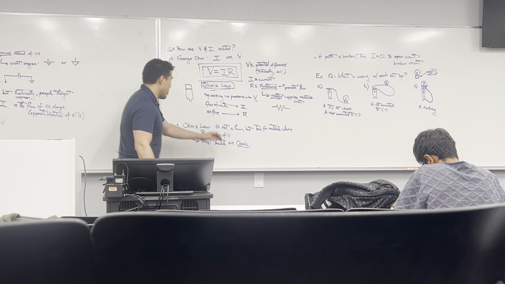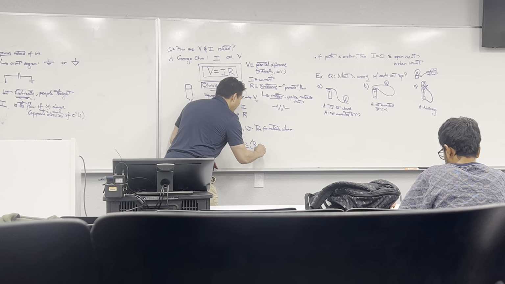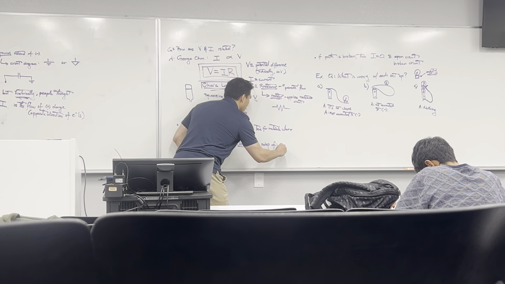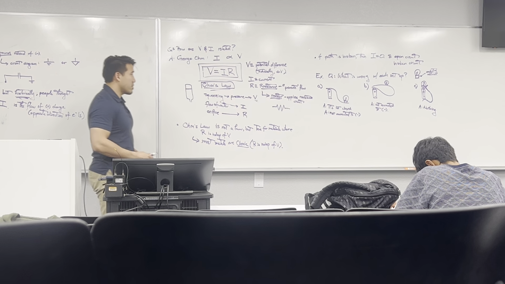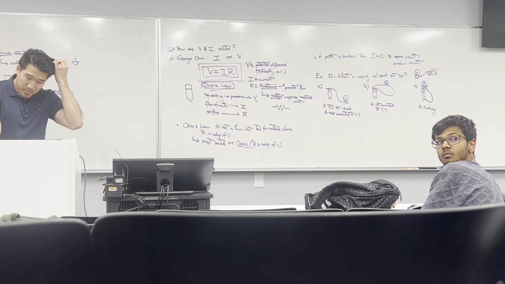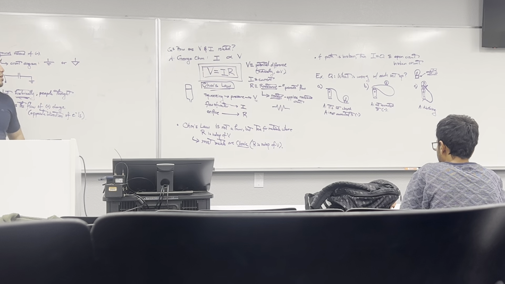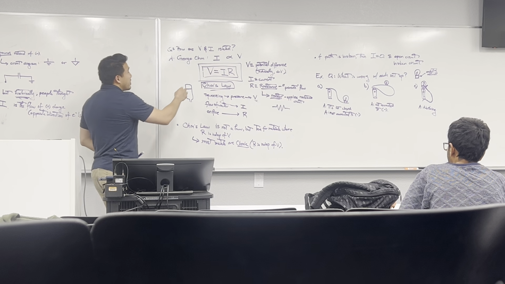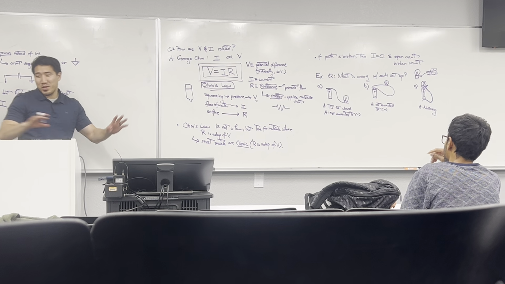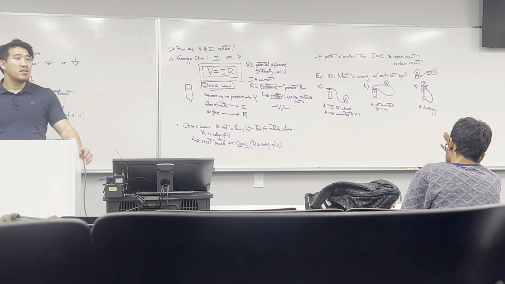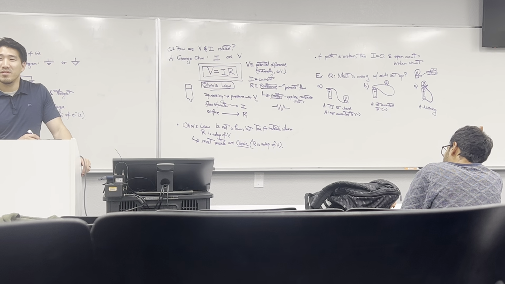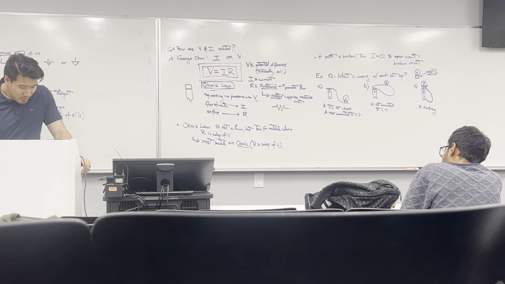By ohmic, we mean R is independent of V. So for our purposes, we will be able to use Ohm's law universally without question in terms of calculations. I might ask a conceptual question or two, but that's about it.